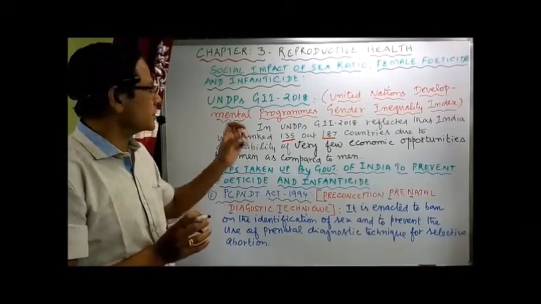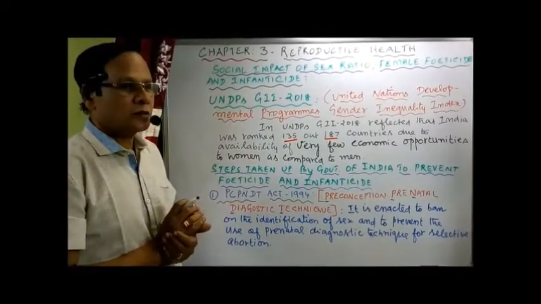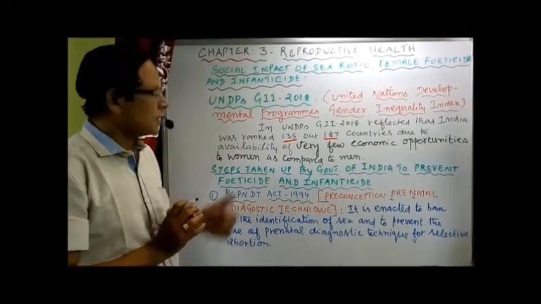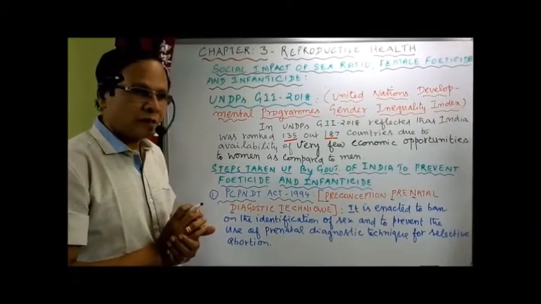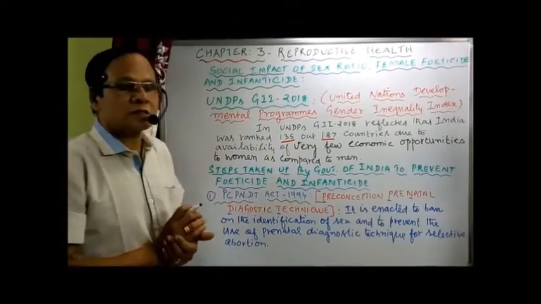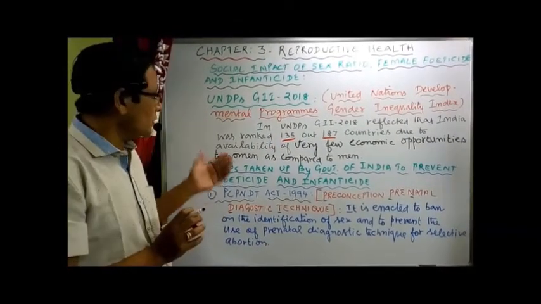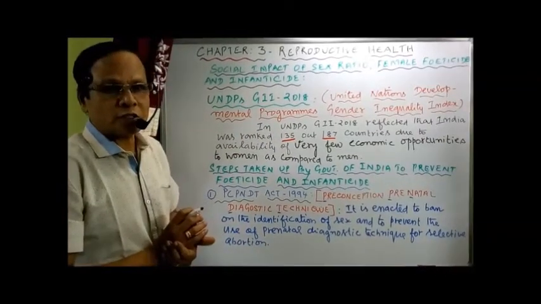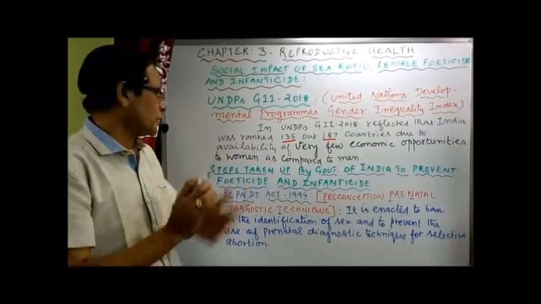According to the index, India is 135 out of 187 countries.